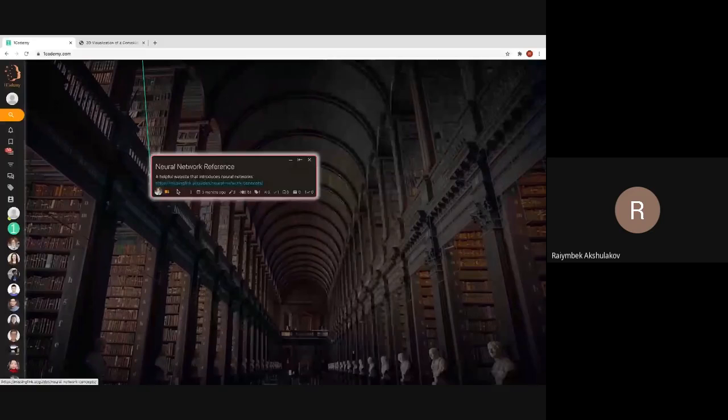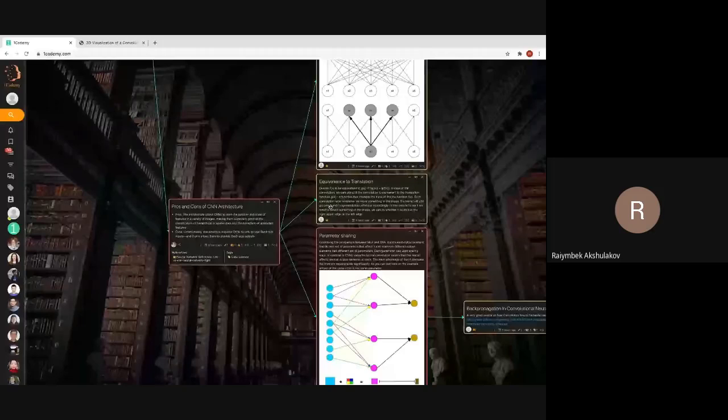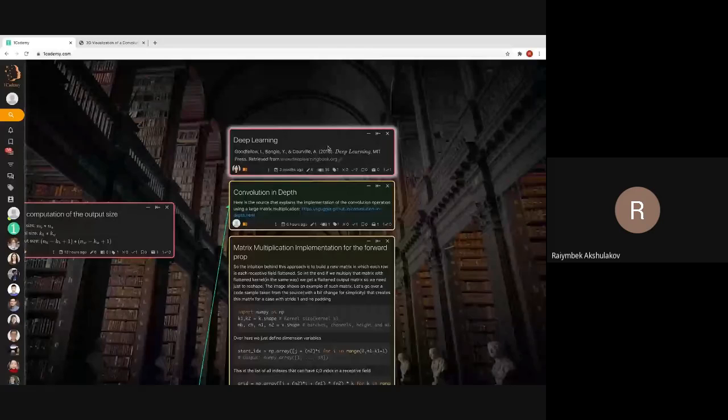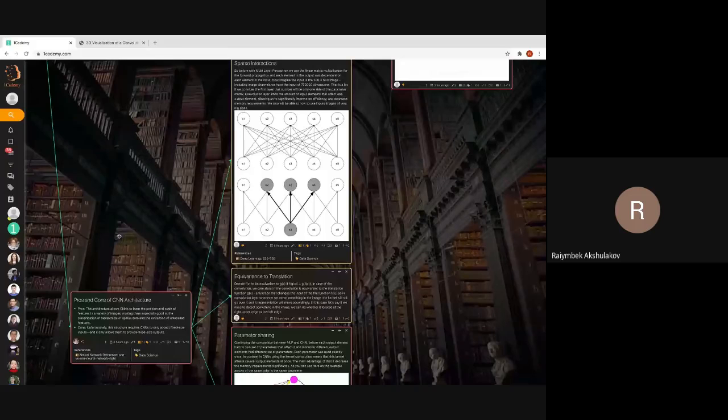I went into a very interesting chapter for convolutional neural networks in the deep learning book by Goodfellow, Bengio and Courville. It's a very interesting chapter on the motivations of CNN architecture. It explains more in depth the pluses of convolutional networks.